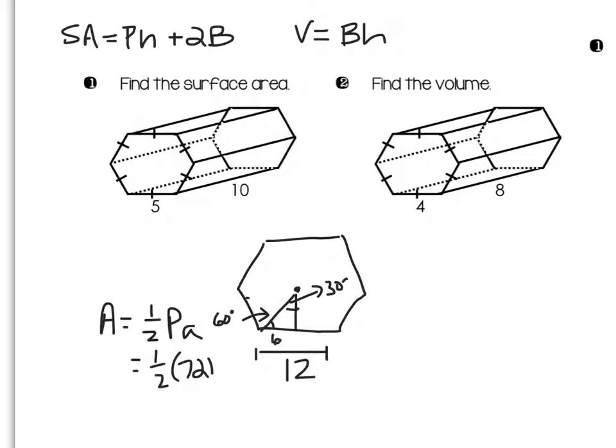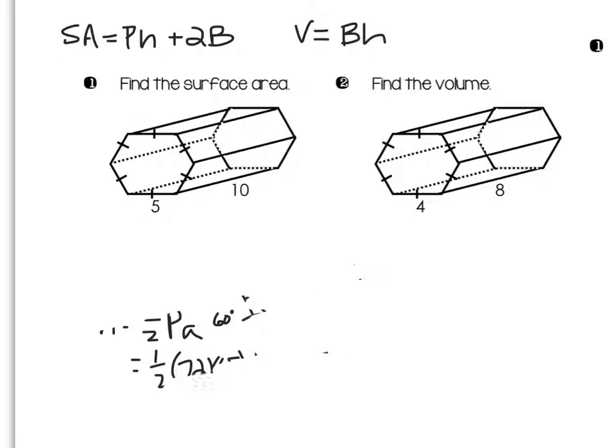Special right triangles means that now my apothem is 6 square root of 3. And then I would simplify that to get my area of that hexagon. So I just wanted to go over that quickly because we're going to need that in these problems with a hexagonal prism.